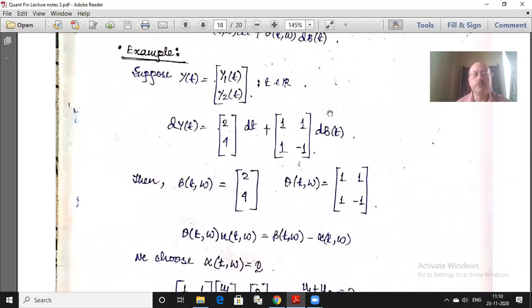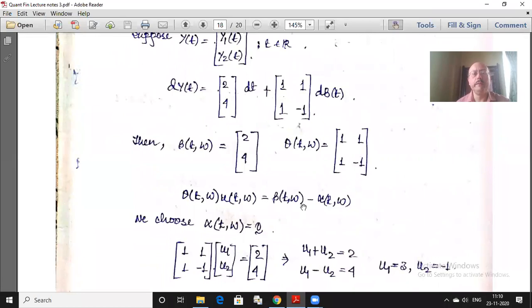So did you follow this example so far? That I have this y process 2-dimensional and I want to make it mean 0, and in the equation here, if alpha becomes 0, then the equation is just theta times u equal to beta. So how will I solve for u? I have to solve for u. So beta by theta in some sense. What do I do?